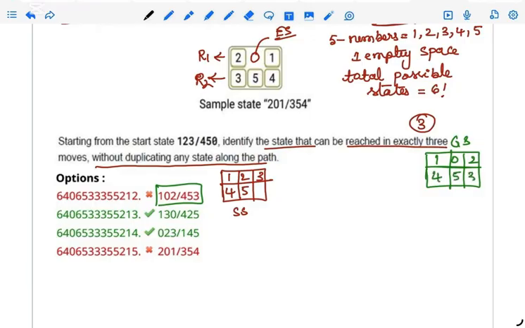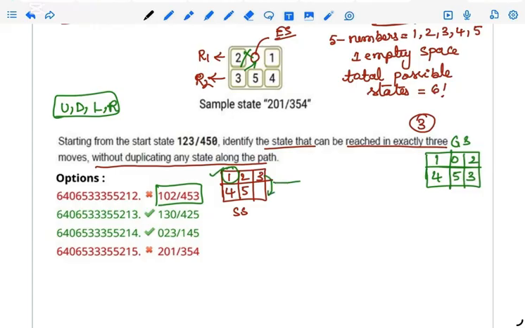We can move horizontally, up, down, left or right. Diagonally is not possible. We cannot move 3 here, it's not possible. So 1 is in the correct position. Next, move 2 here. There is no empty space, so move 3 here.